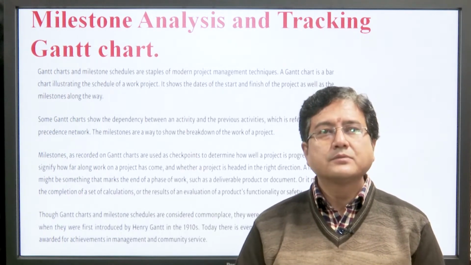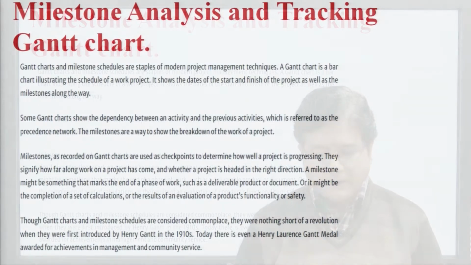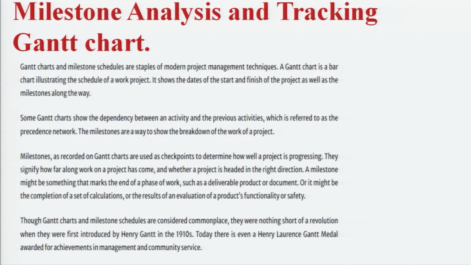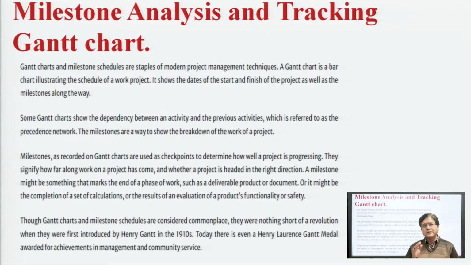Milestone analysis and tracking Gantt chart. Gantt chart and milestone are modern project techniques. A Gantt chart is a kind of bar chart which is shown as a working project. It uses tasks and time periods to project the working and reflect the planning on paper.